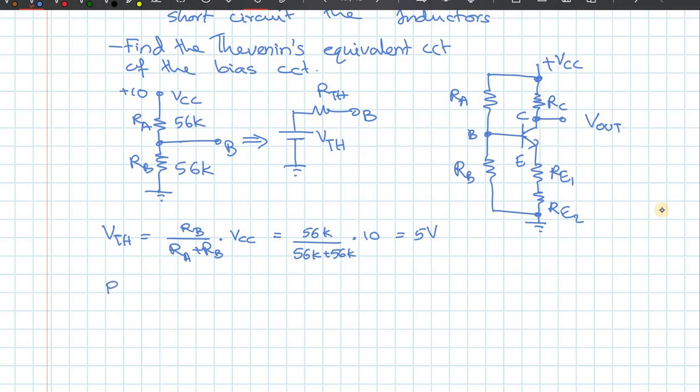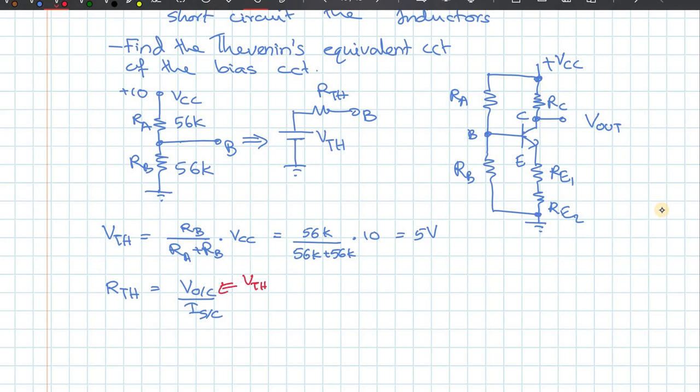Then to find RTH, it is the same as open circuit voltage divided by short circuit current for this circuit. So what is open circuit voltage? Open circuit voltage is the same as VTH.